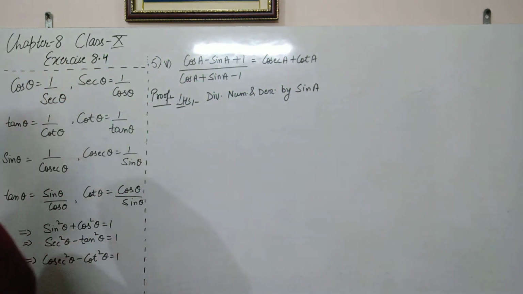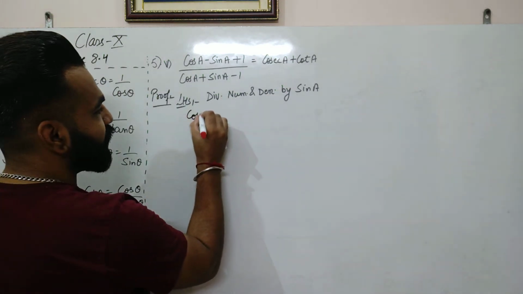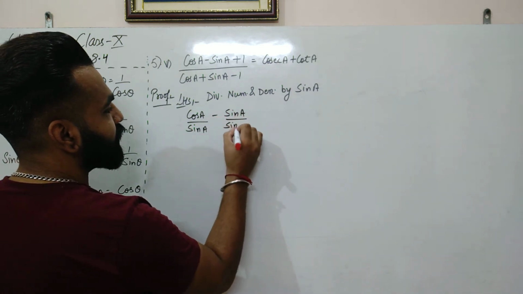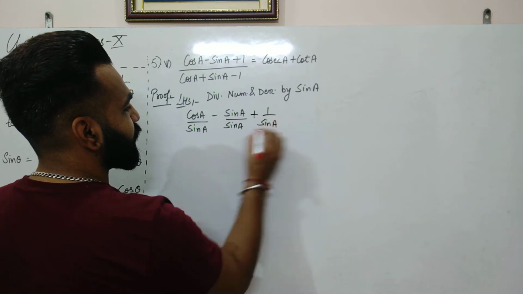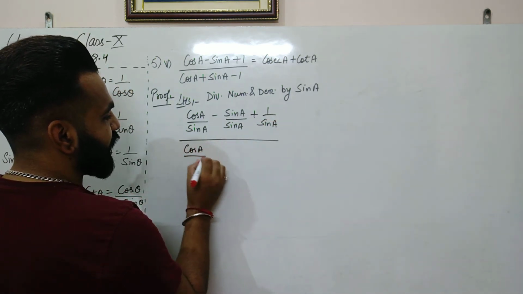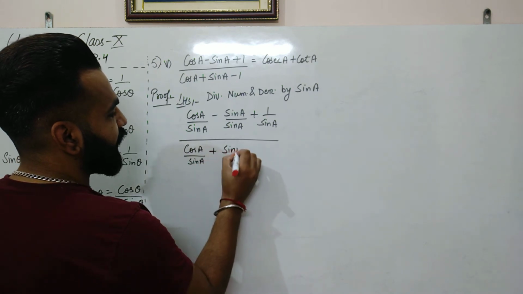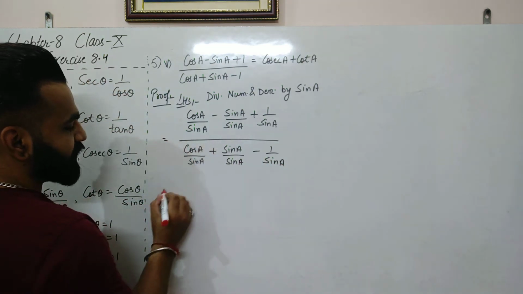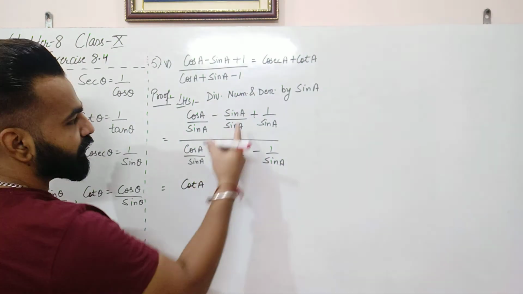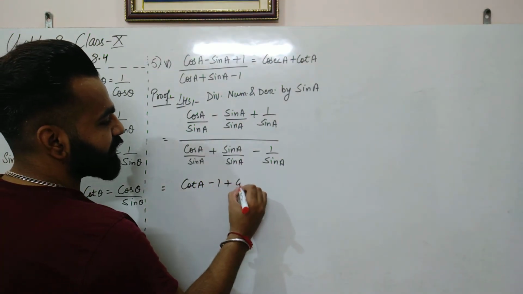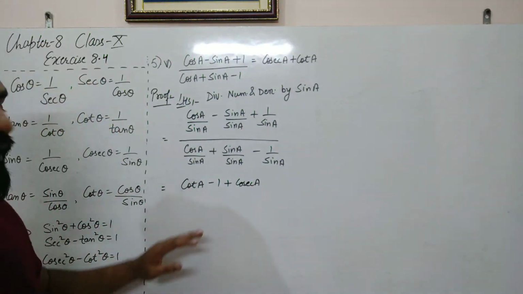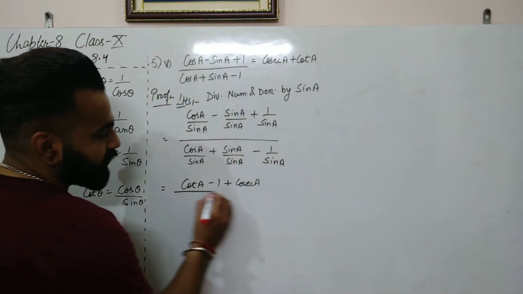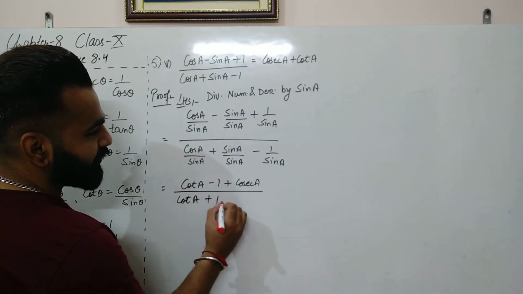We will divide every term by sin A. So this will be cos A by sin A minus sin A by sin A plus 1 by sin A. And this will be cos A by sin A plus sin A by sin A minus 1 by sin A. Now this will become cos by sin is cot A. This is minus 1 plus 1 by sin is cosecant A. Now by doing this we have converted the equation cos and sin into cosecant cot, in which we want our answer. So this will be cot A plus 1 minus cosec A.